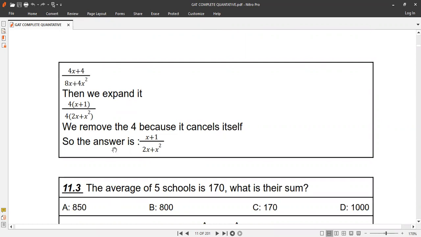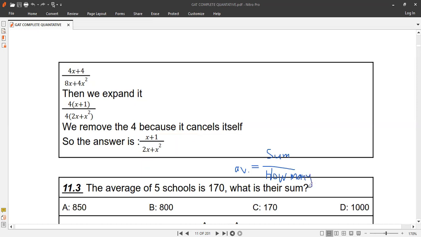In the average or the mean, we have a very important rule: average equals sum over how many? So if you know how many, and you know the average, and you need the sum.